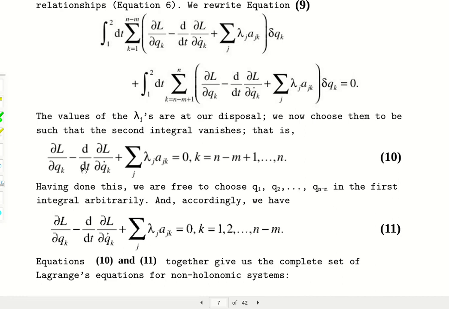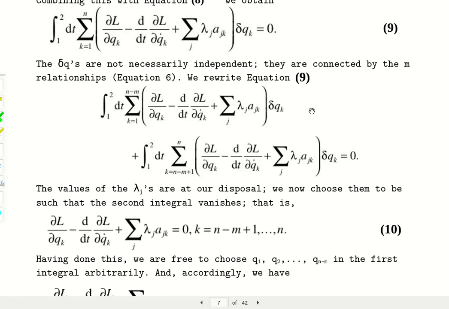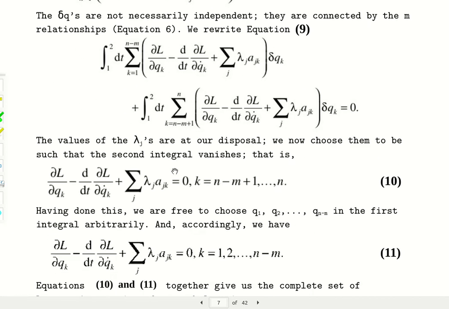So we have m equations and we need m lambdas, so we can solve it out. We can find all of lambda 1, lambda 2, lambda 3 up to lambda m from equation number 10, and put them back into the first part of the equation.